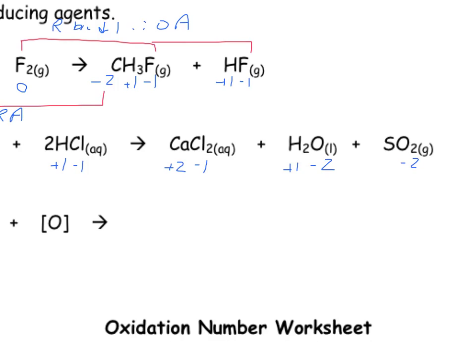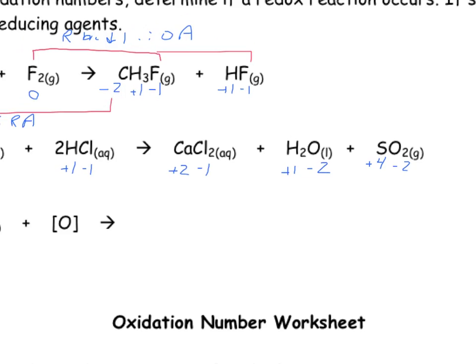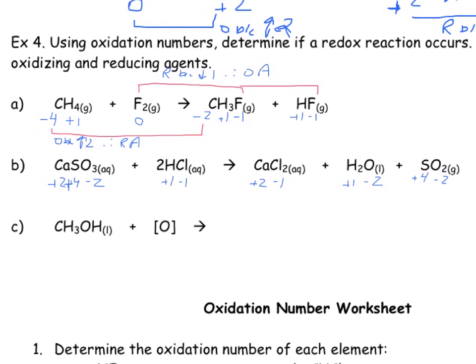Because I have 2 of them, that gives me a -4 for the sulfur to balance, so it will have an oxidation number of +4. Now notice that none of the elements change oxidation numbers. Therefore, there is no redox reaction here.